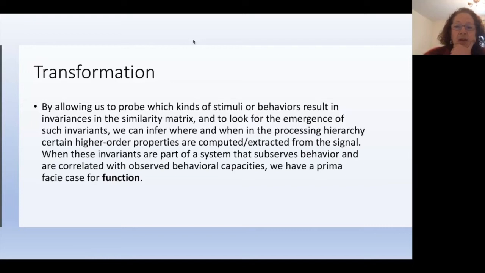Although, as I said, functional MRI doesn't give you causal information, so it can't prove that things have functional consequences, when those things are paralleled by behavior, you do have a prima facie case, I think, for function.